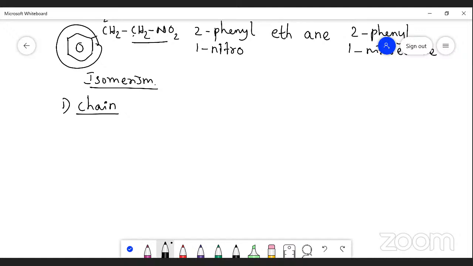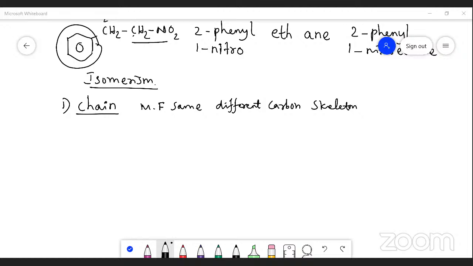Same molecular formula, different carbon skeleton. Same molecular formula but different carbon skeleton, that is what is named chain isomerism.